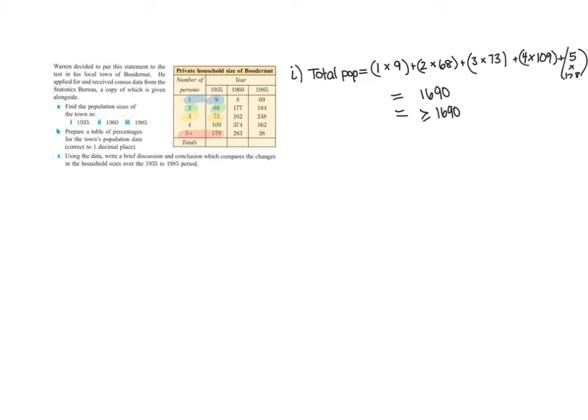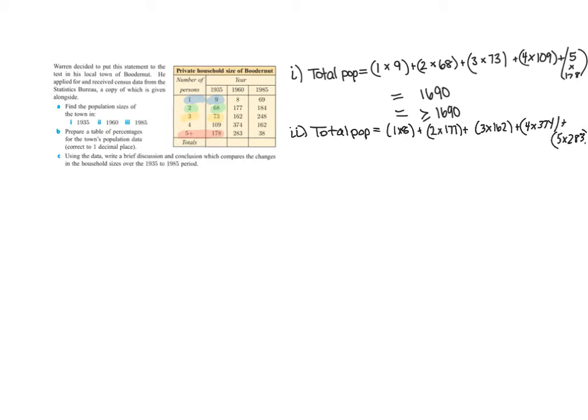Now, we would do the same thing for question A2, and I'll just go through this quickly. So it'd be 1 times 8 plus 2 times 177 plus 3 times 162 plus 4 times 374 plus 5 times 283.